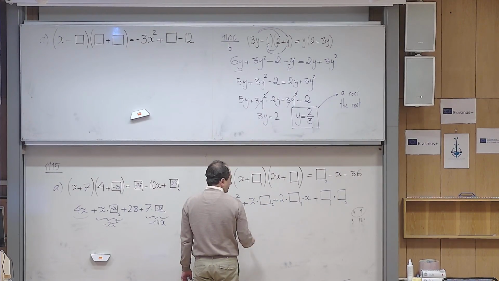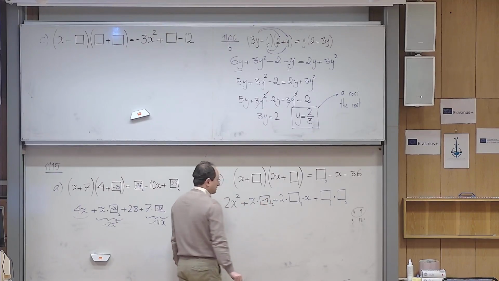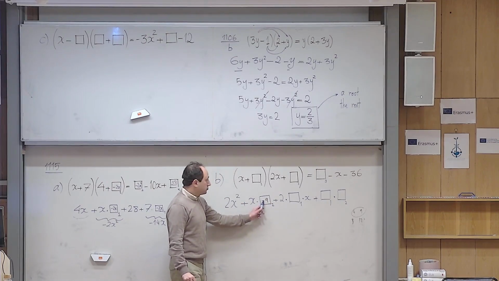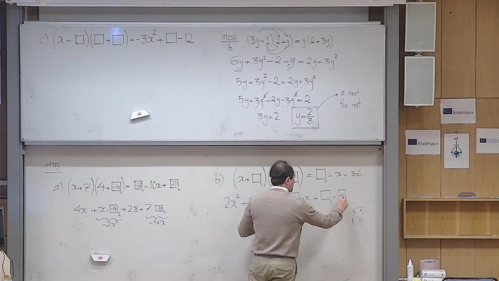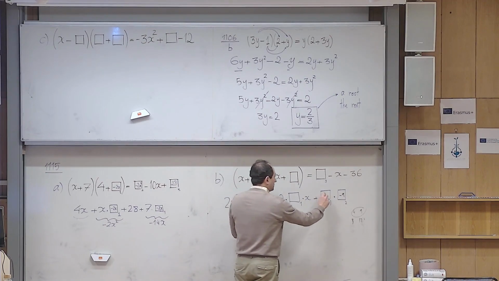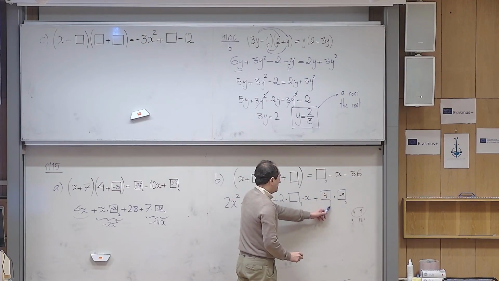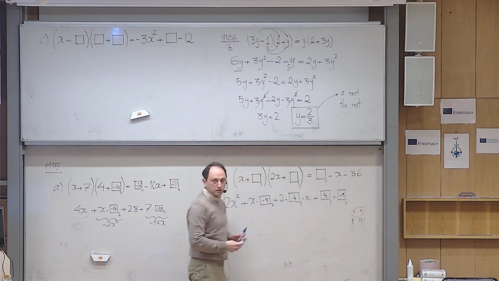Yes, I think I found it. I put minus 9 here. When I put minus 9 here, this is box number 2, so I have to put minus 9 there as well. Then I put 4 here in box number 1 to make this minus 36. I put 4 here. I think it works.